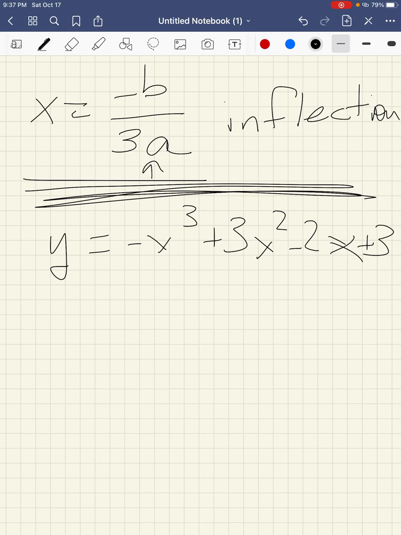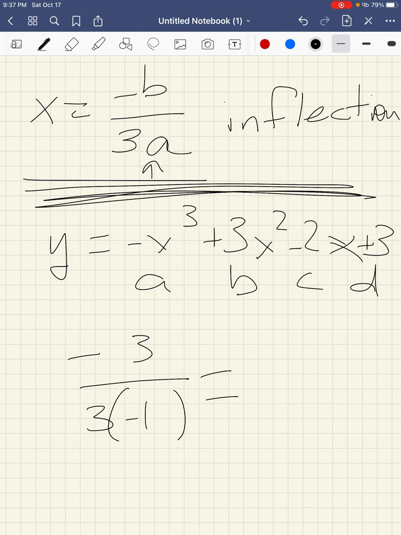This is a, b, c, d, and so on. So minus b would be minus 3, over 3 times a, which is negative 1. Negative 3 over negative 3 is positive 1. So that's the x value of the point of inflection.